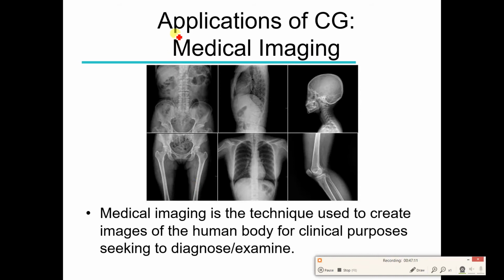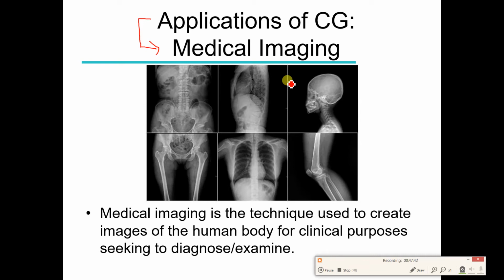Another important application of computer graphics is medical imaging. We want to use computer graphics for the diagnosis and for the treatment of certain diseases. Most of you are familiar with this. We can use the X-ray imaging technique to get an X-ray of the human body and know how the bones are connected, or if there is some problem, some fracture, or maybe someone has swallowed something.